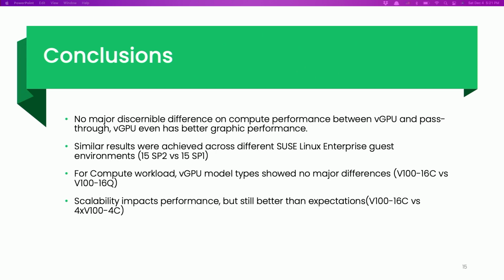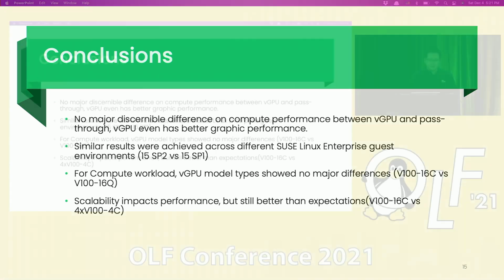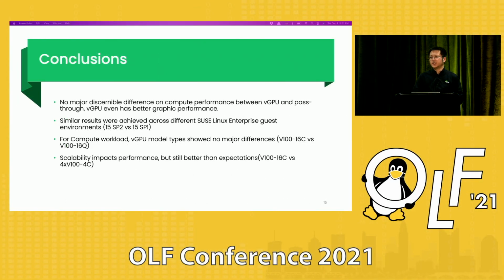And we also ran the multiple vGPU case. For example, we run 4 vGPUs at the same time. It's not quite ideal, but it's still better than our expectation. With 4 vGPUs at the same time, one GPU should be at least 1/4 of the general performance.